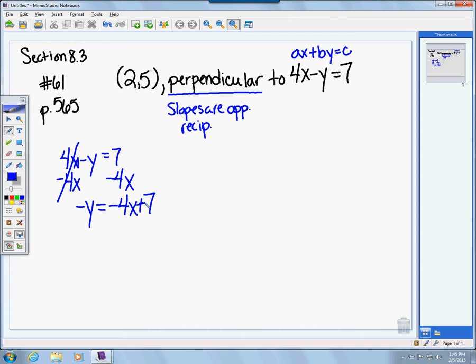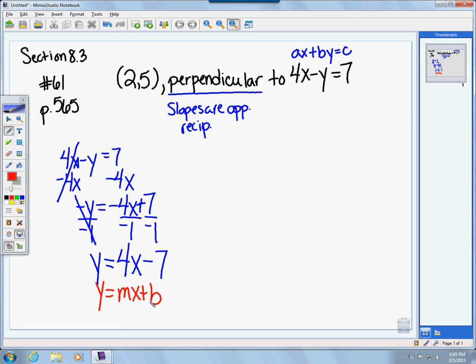They are unlike terms. From here, I'm almost done, but I need to divide by negative 1 on the left-hand side and the right-hand side. So now I have y equals negative 4 divided by negative 1, which gives a positive 4x, and then a positive 7 divided by a negative 1 gives you negative 7. So this is in slope-intercept form.